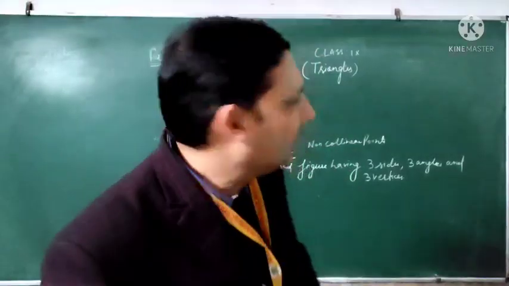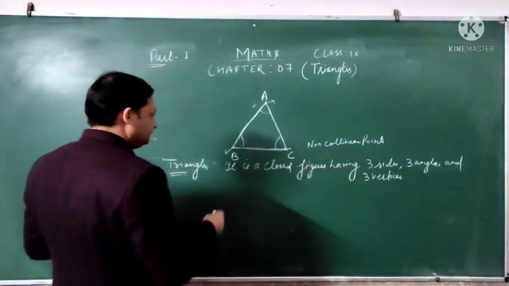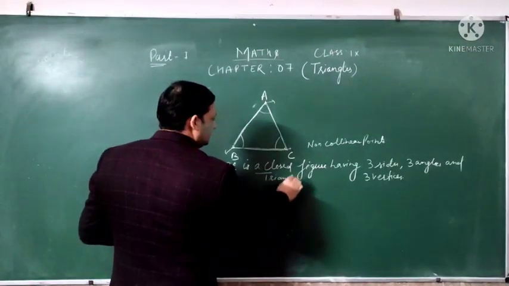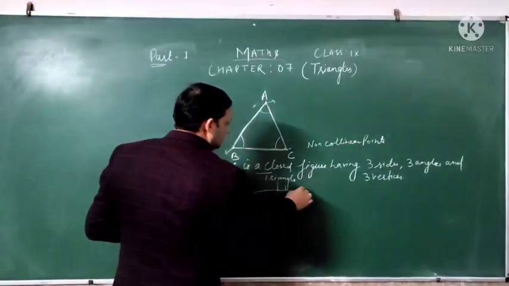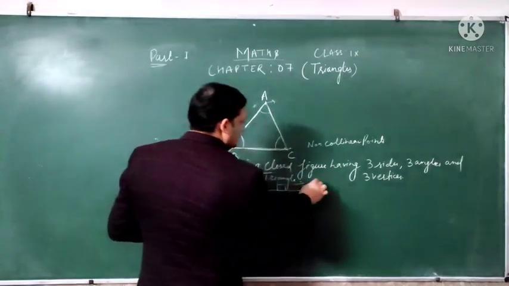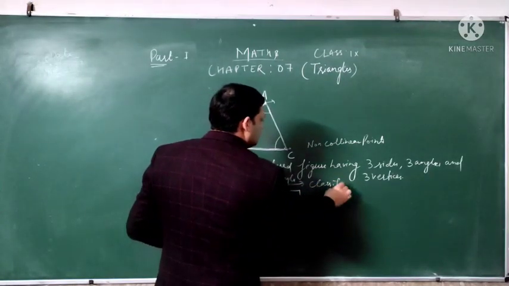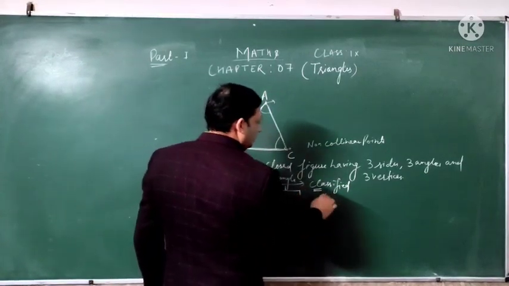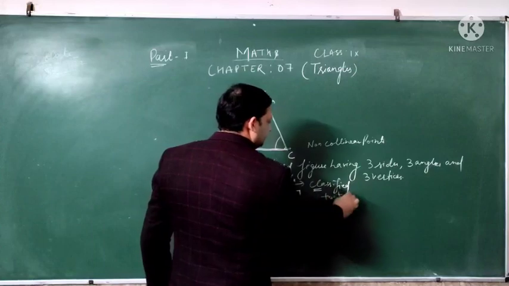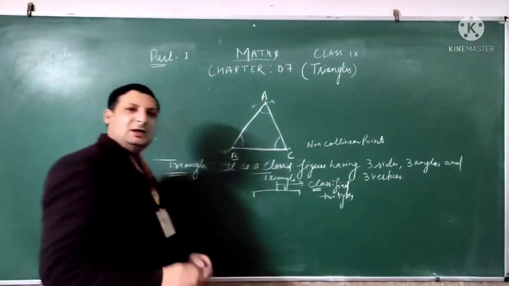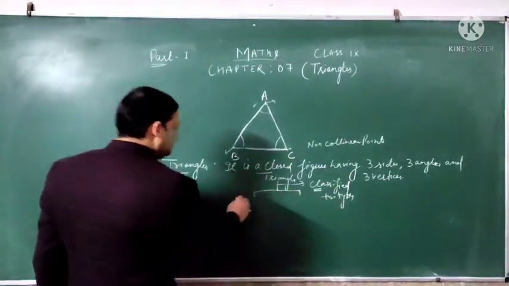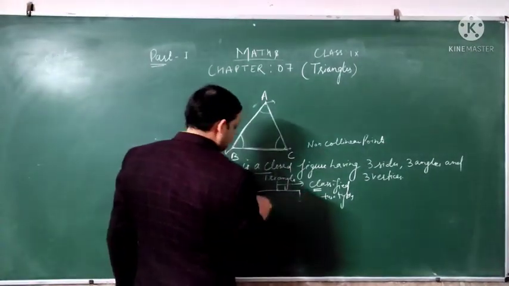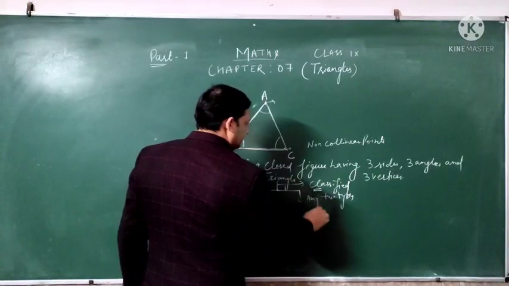Now when we talk about triangles, a triangle is classified into 2 types, on the basis of sides and angles.